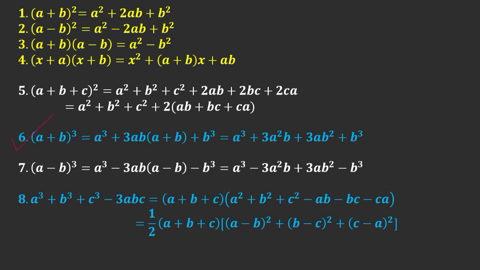Here you have a cube plus thrice ab into (a plus b) plus b cube, and here you have a cube plus thrice a square b plus thrice ab square plus b cube, right? And till now we have proven this number 6, number 1 and also number 2. Now we shall prove number 7 from 6 itself.